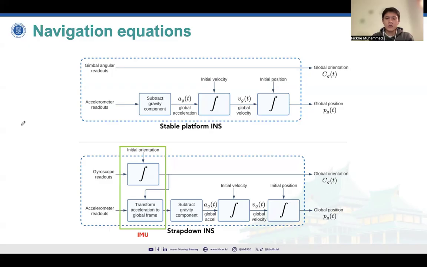If it's referenced to our global reference frame, then we'll have the global accelerations. If we integrate it, we'll have the velocity, and if we integrate the velocity, we'll have the positions. Later on, we'll have global orientations, positions, and velocity from our INS, right? That's our navigation equations. This is our INS, the red box, and our IMU is the green box.